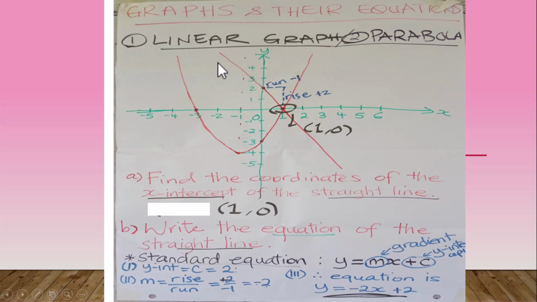So we are focusing on the straight line linear graph here, and the x-intercept is the point on the x-axis where the straight line passes or cuts through, and that's this point right here. As you can see, the x coordinate is +1 and the y coordinate is 0.